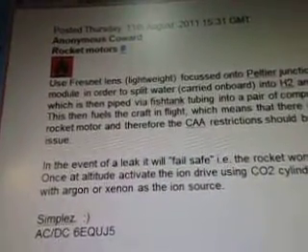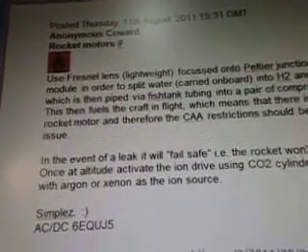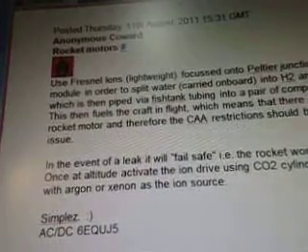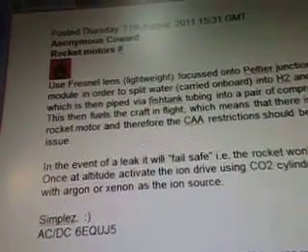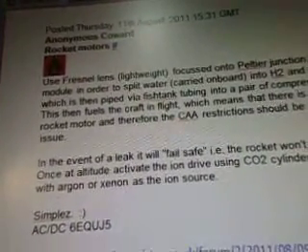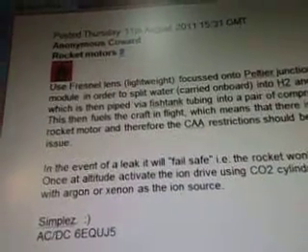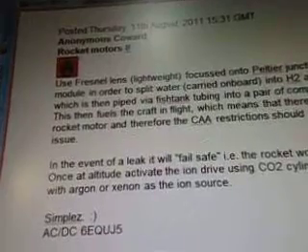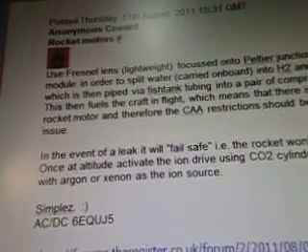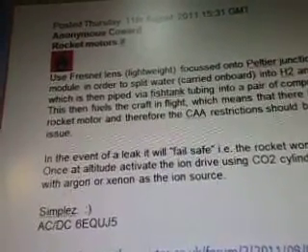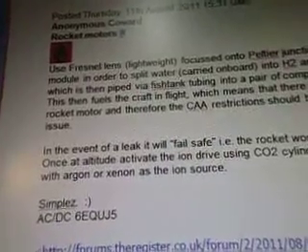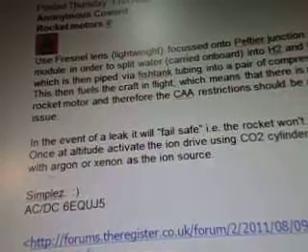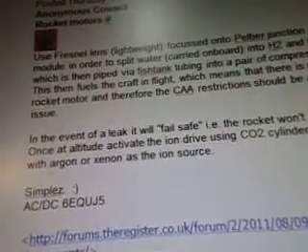This then fuels the craft in flight, which means that there is no rocket motor, and therefore the CAA restriction should be a non-issue. Oh, this guy uses water and something. I don't know what that is. Looks like he's got some sort of motor or something that works with water. That'd be nice. In the event of a leak, it will fail safe. The rocket won't ignite. Once at altitude, activate the ion drive using a CO2 cylinder filled with argon or xenon as the ion source. Now that is so cool.